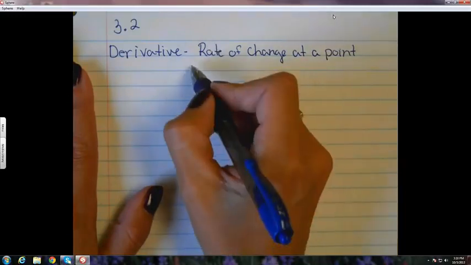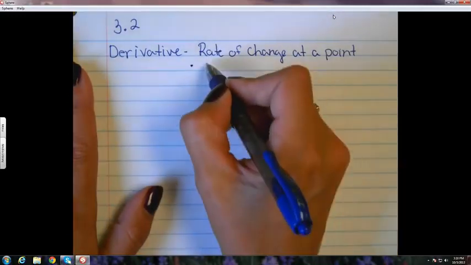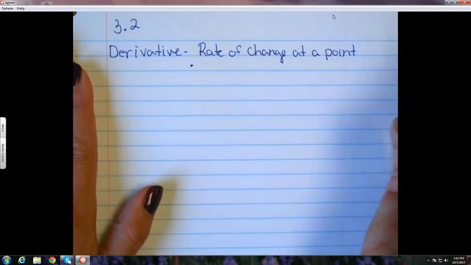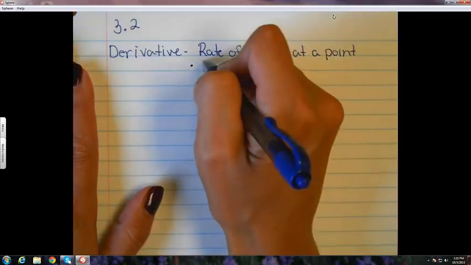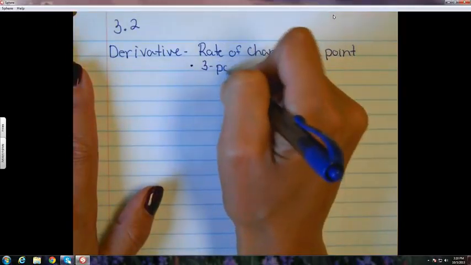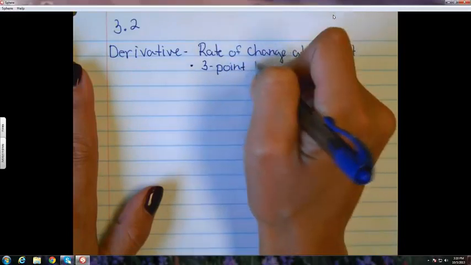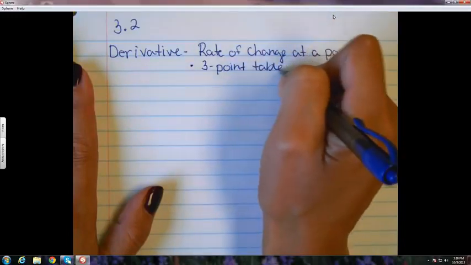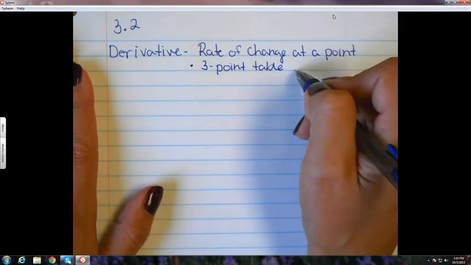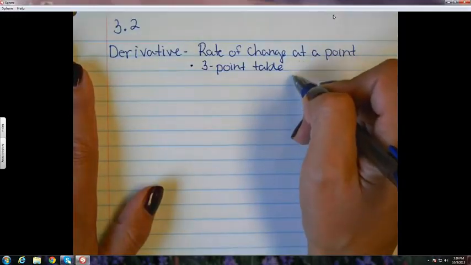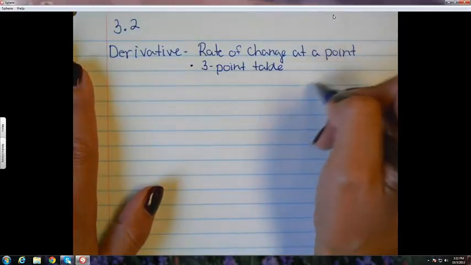The first way we did it, we did it with a 2-point table, and then we went to the 3-point table because it was more accurate. So I'll just put down the 3-point table. Where we did, say if it was at 2, we did 1.99, 2, 2.01, change in y over change in x and averaged.